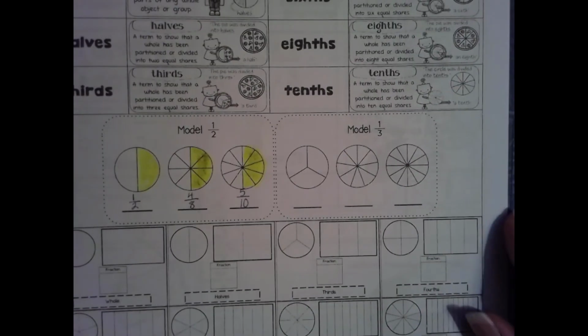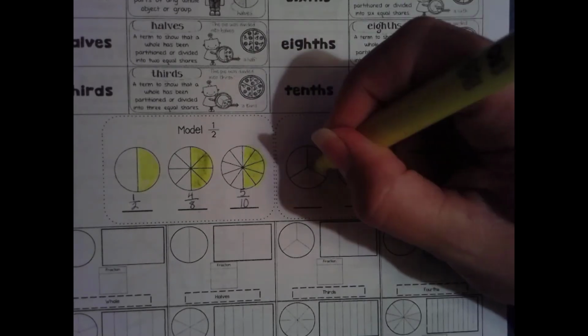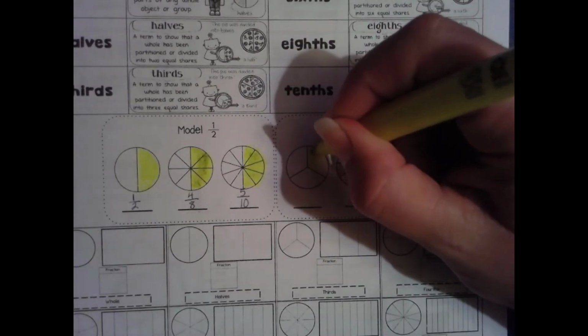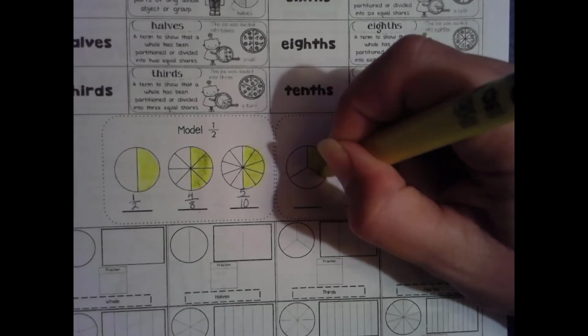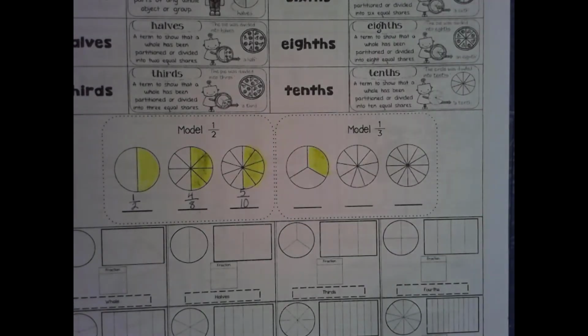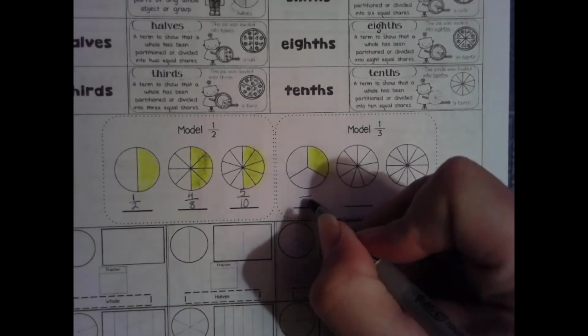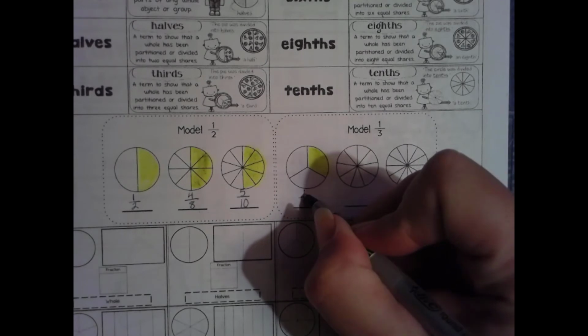Now let's go ahead and look at 1/3. So I'm going to just highlight this top section here. I have 1, 2, 3 equal pieces and 1 shaded in.